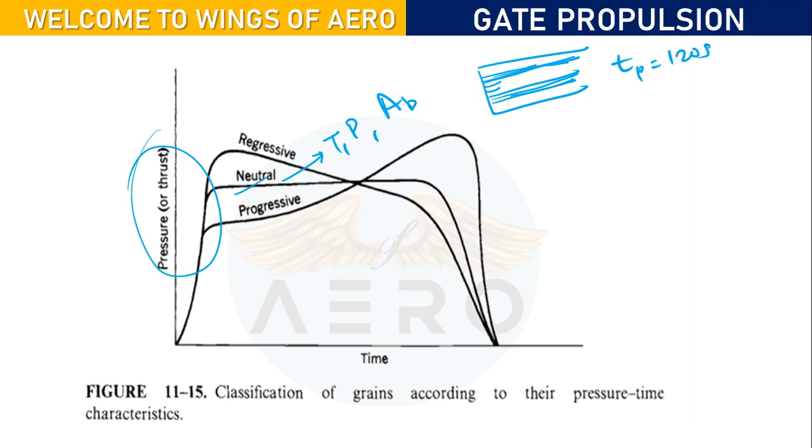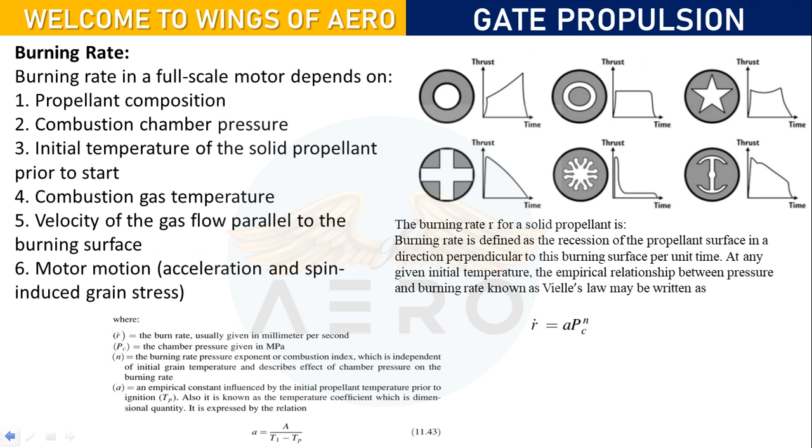Then comes progressive. Progressive means, as the burning time increases, the pressure and thrust also gradually increase. Then regressive means, as it starts to ignite and the burning time increases, the pressure and thrust decrease. The regressive, progressive, and neutral types all depend on the different types of grain sizing, that is, which grain sizing will give which progressive or regressive behavior.